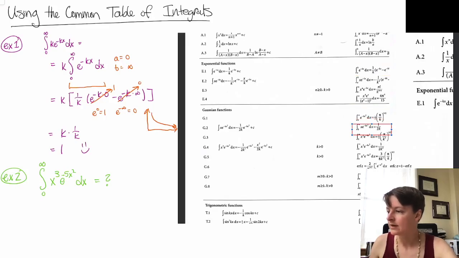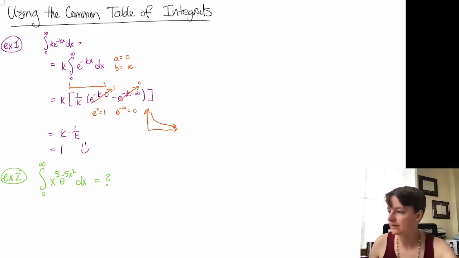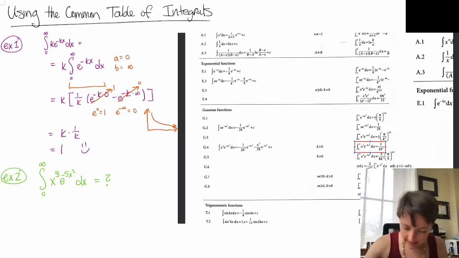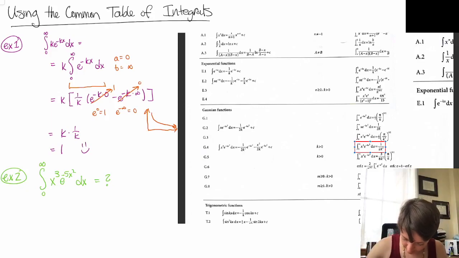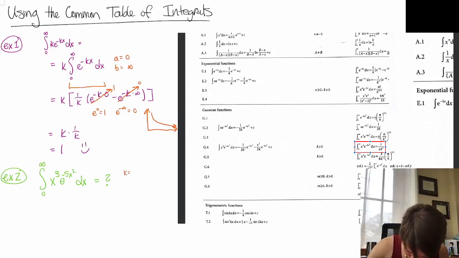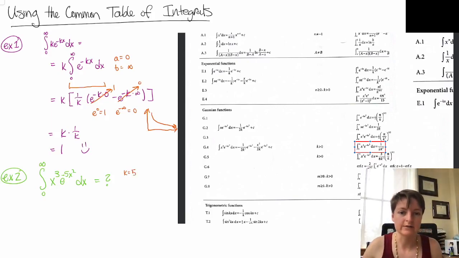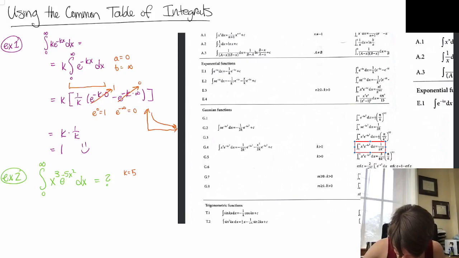Looking over the table, I can see that there's one result that does match very closely to what we're looking for. The only thing we have to know is that in this case, k from Atkins is equal to 5 from our integral. Otherwise, these integrals match perfectly, so we can simply compute.